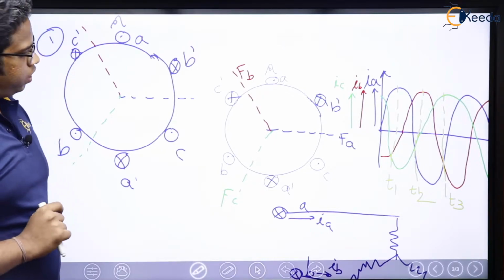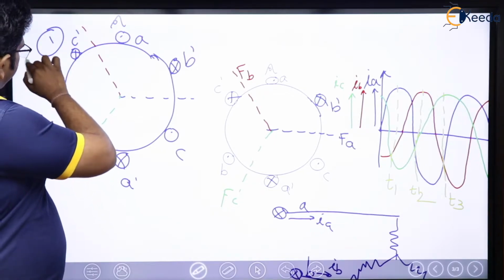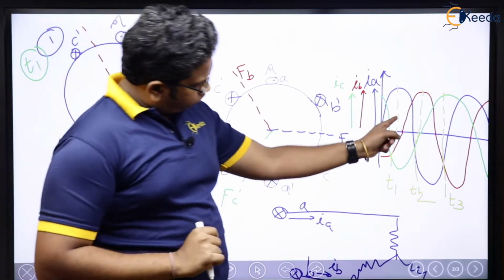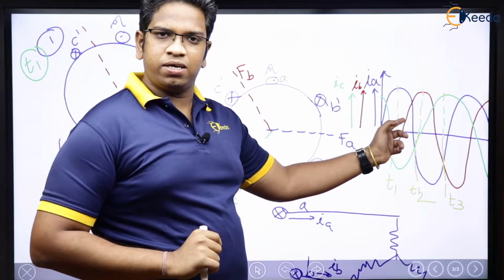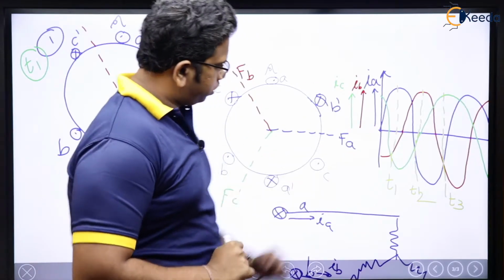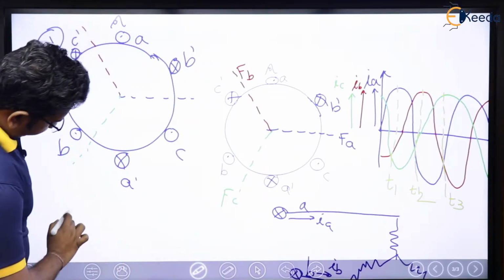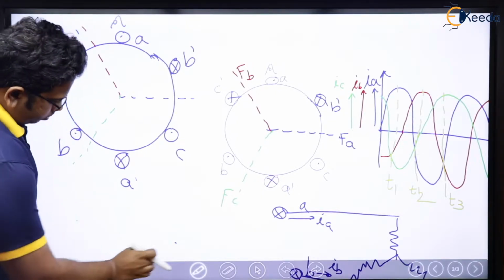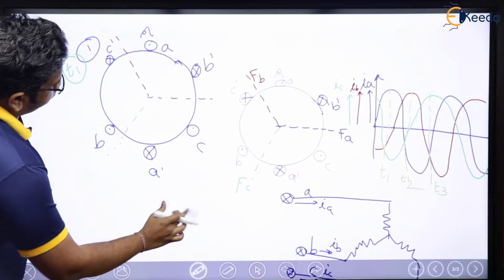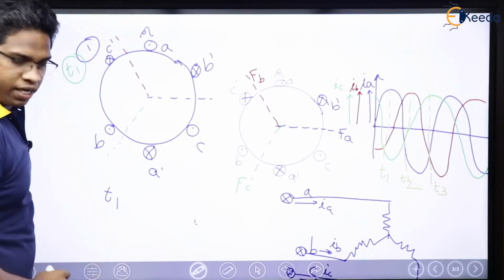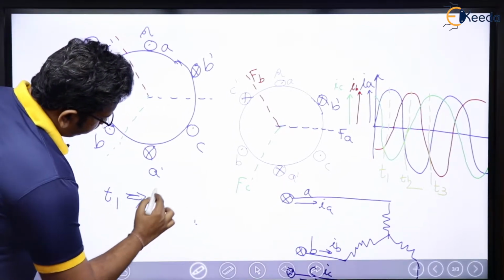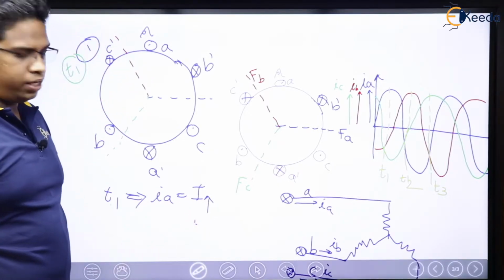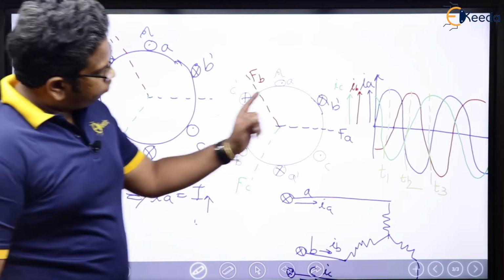Let us say at T1, which is, let us say, 90 degrees. At T1, if you see what is going to happen, IA is going to be I maximum, right?